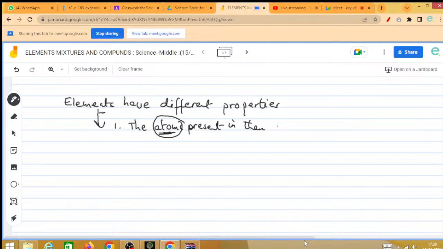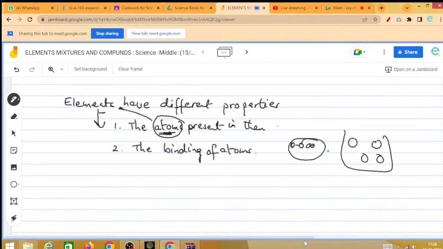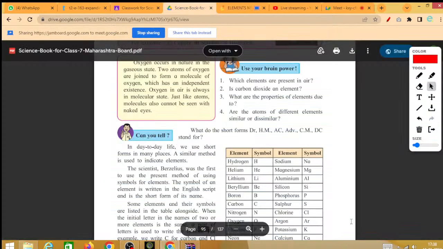Second, the binding of atoms will also determine whether they are solid, liquid or gas. If two atoms are bound together very closely, they'll form a solid. If atoms are slightly apart, they'll be a liquid. If atoms are very far apart, they'll form a gas. So properties are due to the atoms present in them and the binding of atoms. The way they are structured inside. Understood?